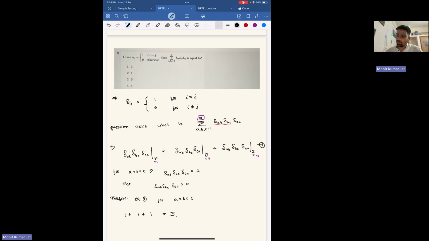So the correct option will be the 1. So that's the answer to the first problem. For a equals b equals c, the summation over 3 such values will be equal to 3.